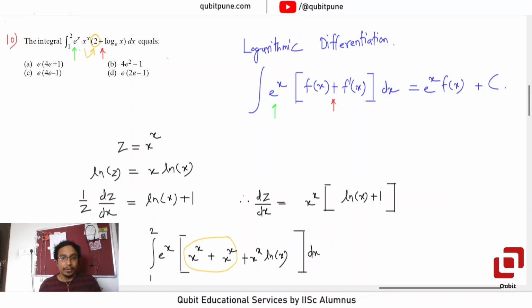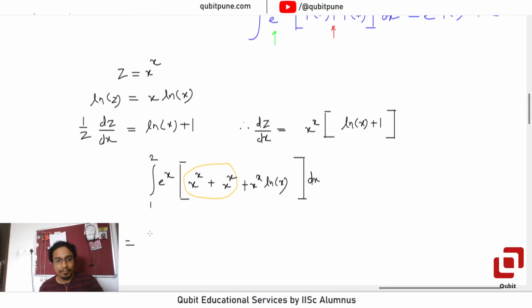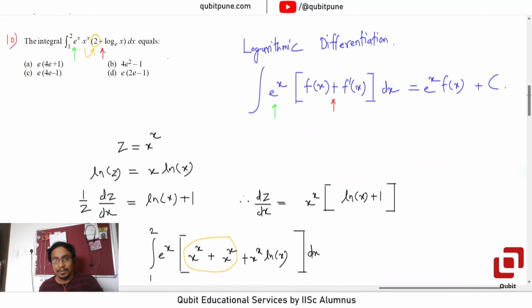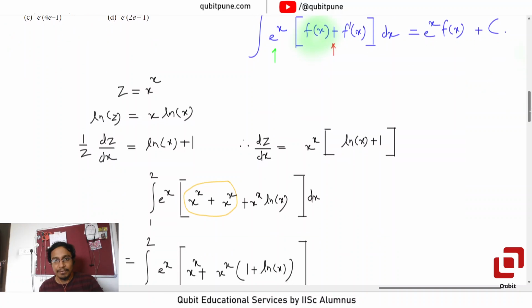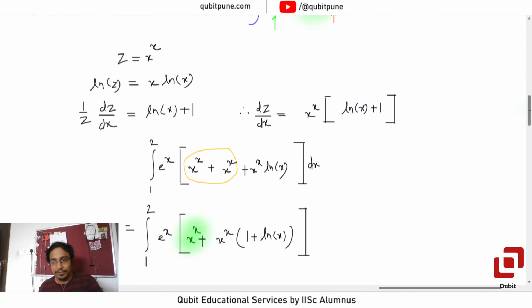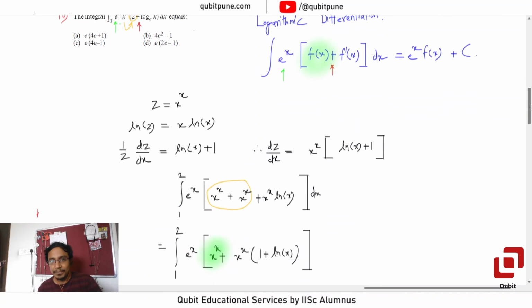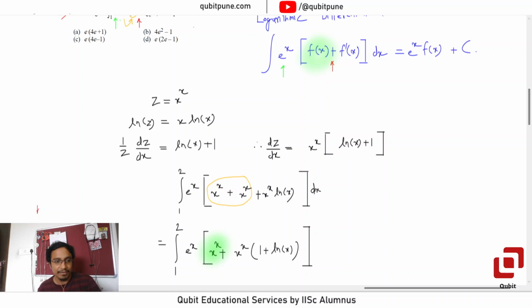Okay. Now last step. This x raised to x we can take common and write as 1 plus ln x. Now if we call this function as f, let me zoom out a bit, then this whole thing becomes f dash.